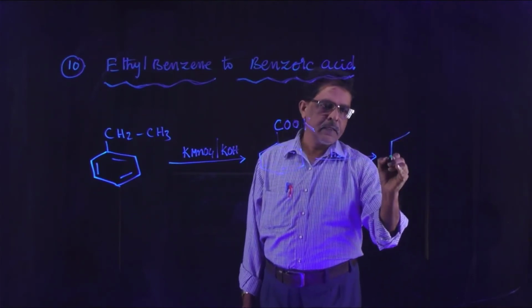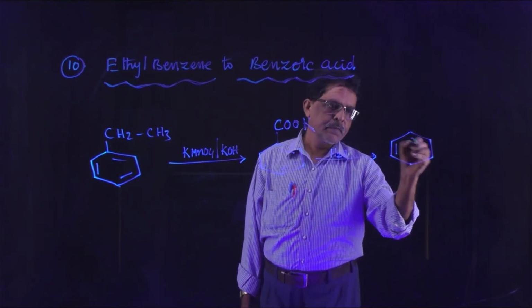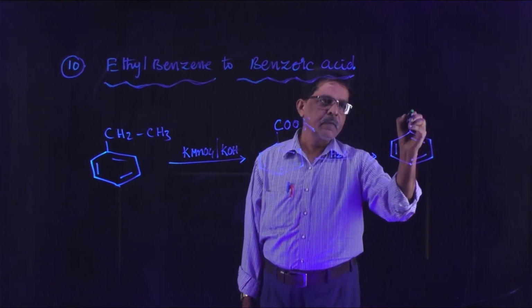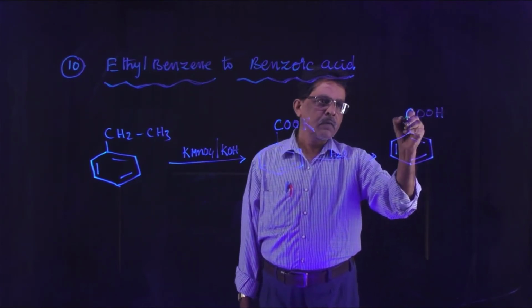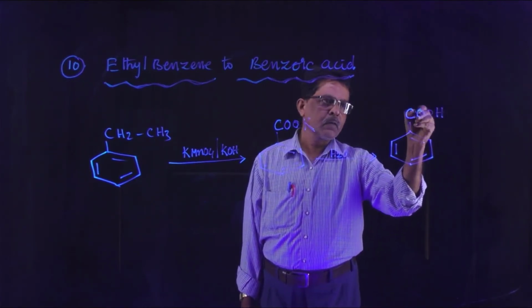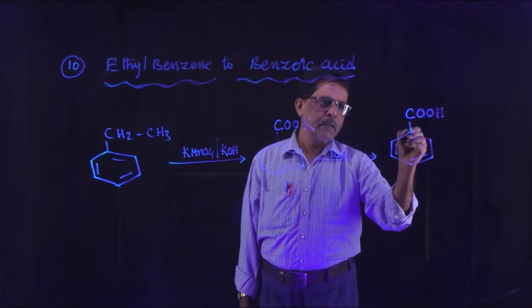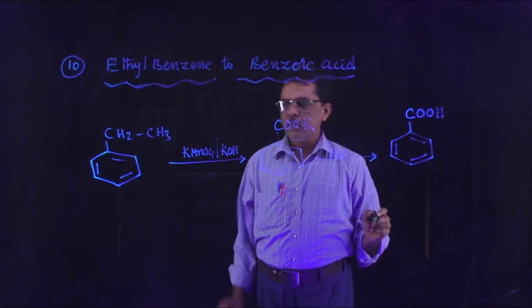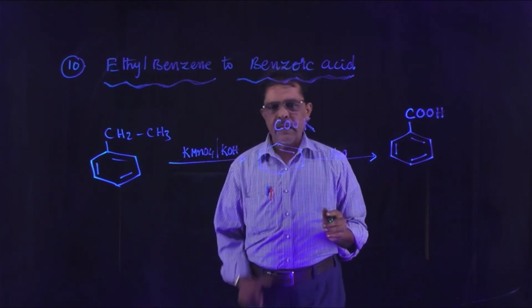Then we will get benzoic acid. Benzoic acid is obtained. Right, understand? This is the formation of benzoic acid from ethyl benzene.